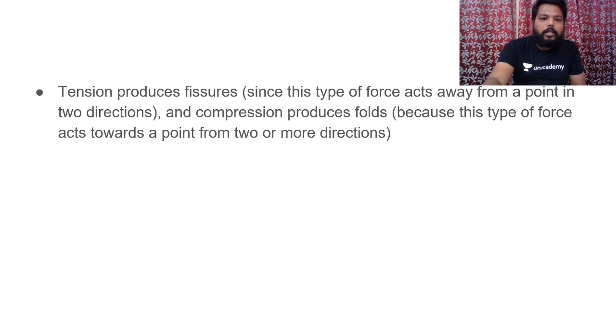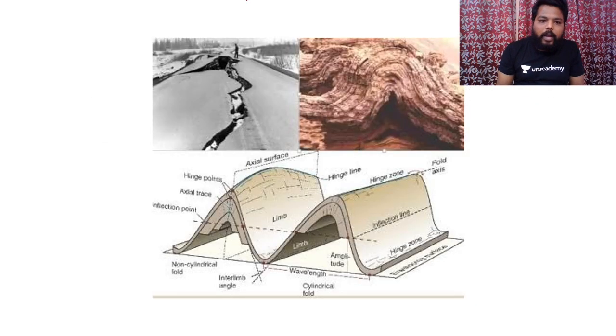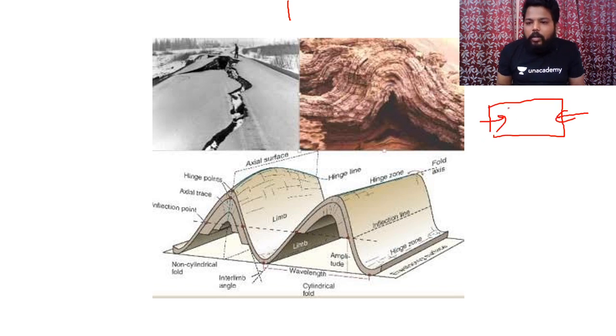Clear? So whenever compressional forces are applied on the continental crust, those orogenic forces moving towards each other result in compressional force. We would have folding of the crust. You can see the real visualization of folding of crust. Is it visible for you?